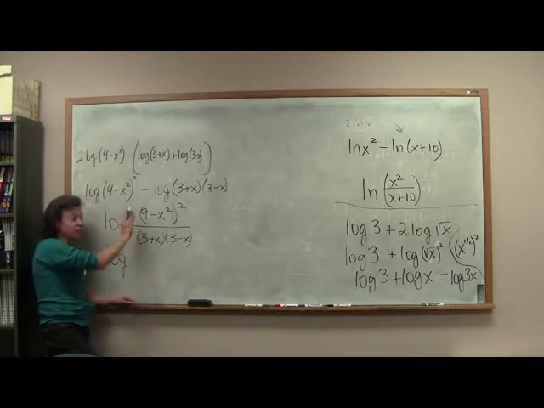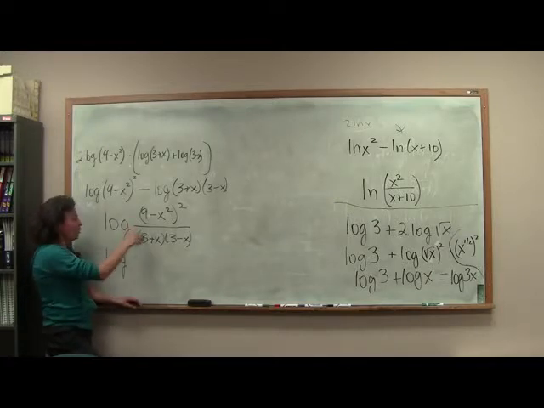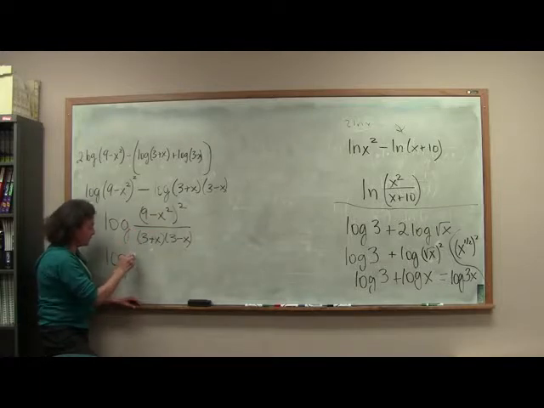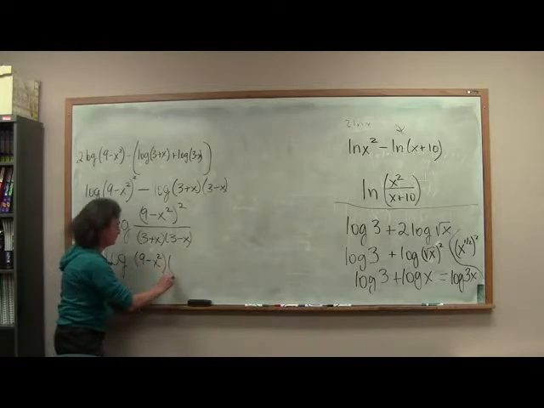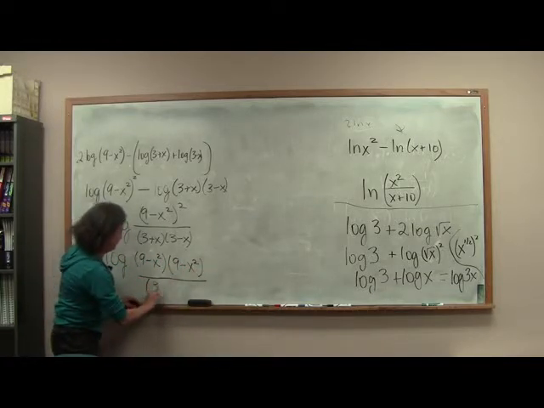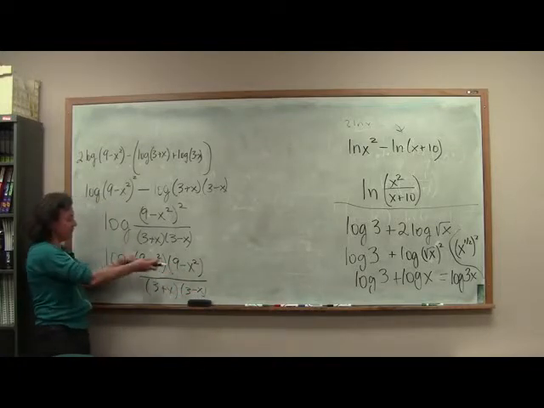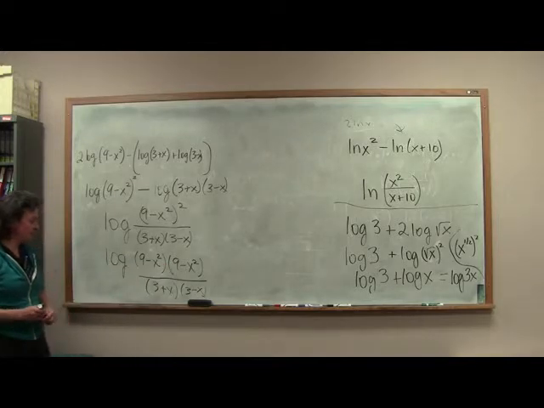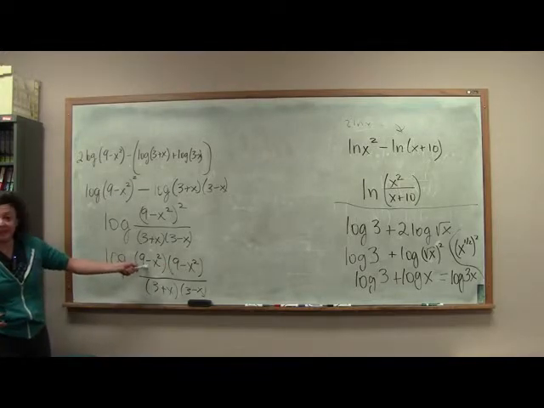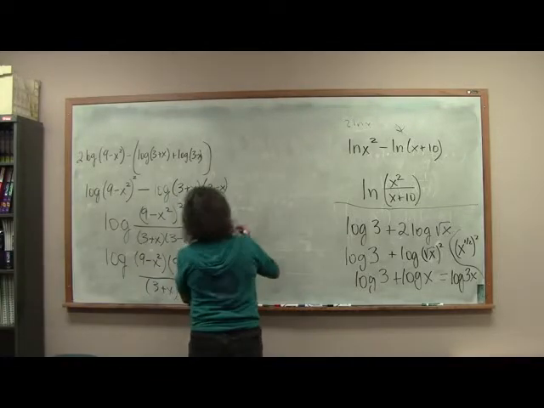Why? So we're done with our properties of logs. But why can we simplify this further? Well, (9 minus x squared) squared, I'm going to show every bit of detail. When you square something, it's written twice. I see that this is the difference of two squares, which can be factored just like that.